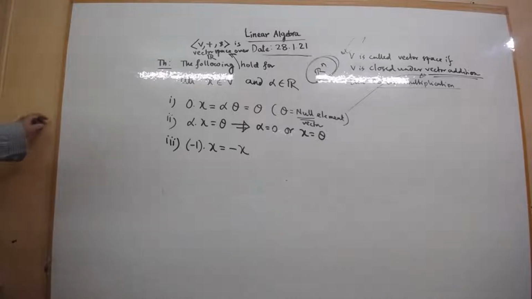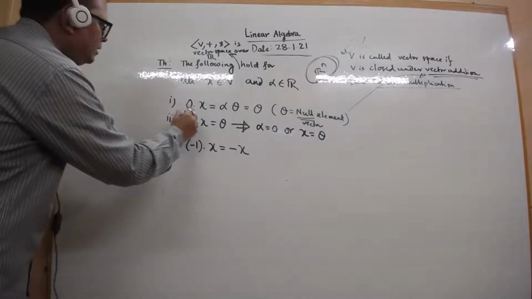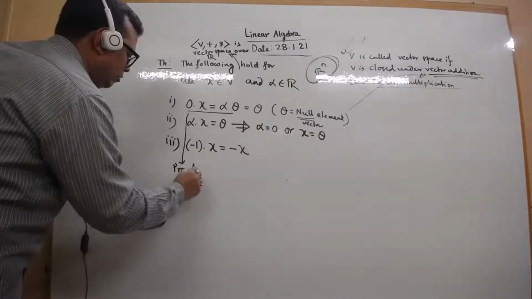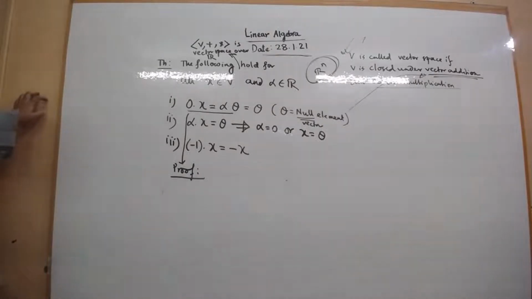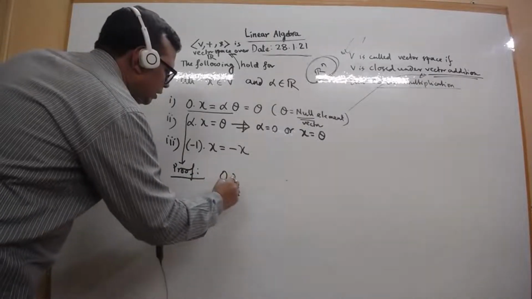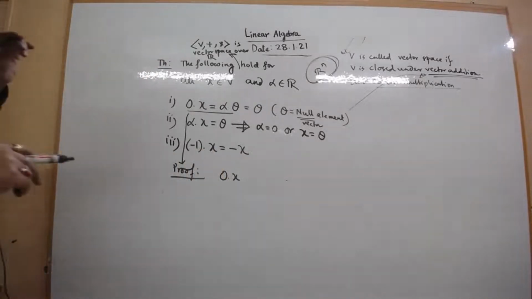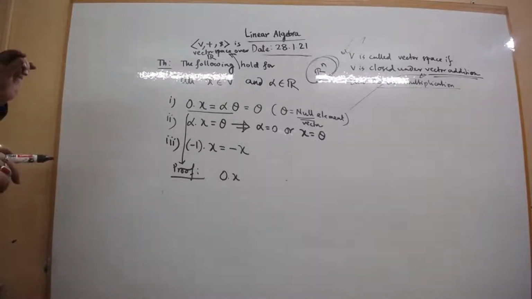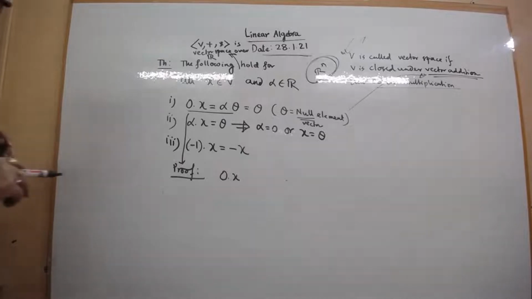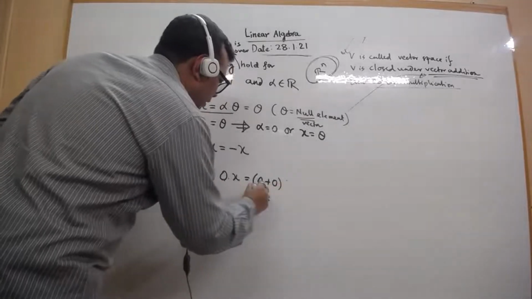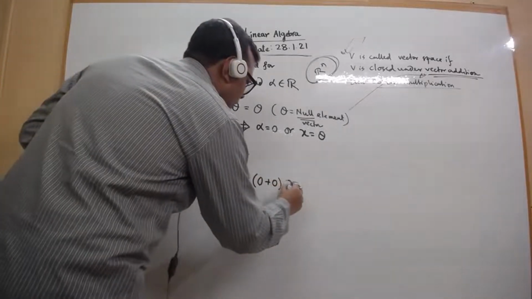Proof. First, this. Zero is the null element in R, where R is a field under addition. So 0 x can be written as (0 plus 0) x.